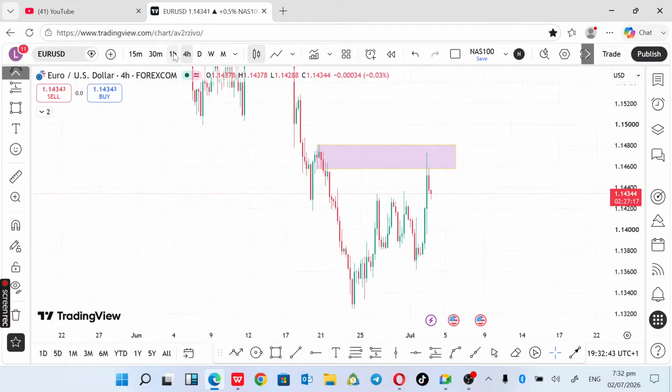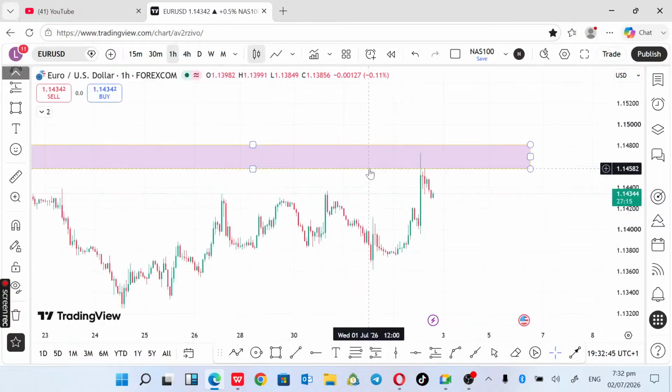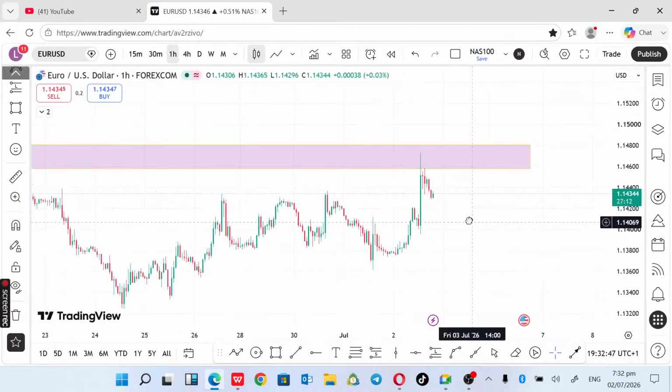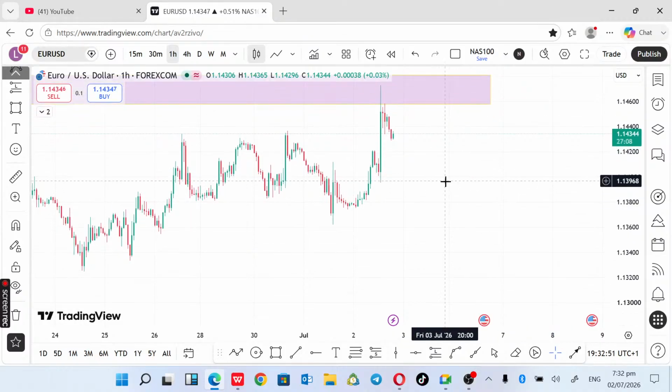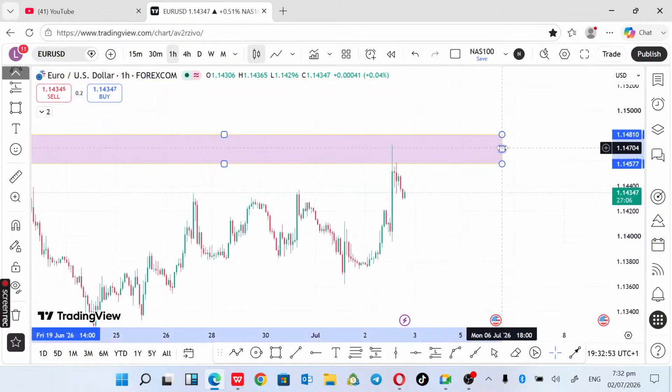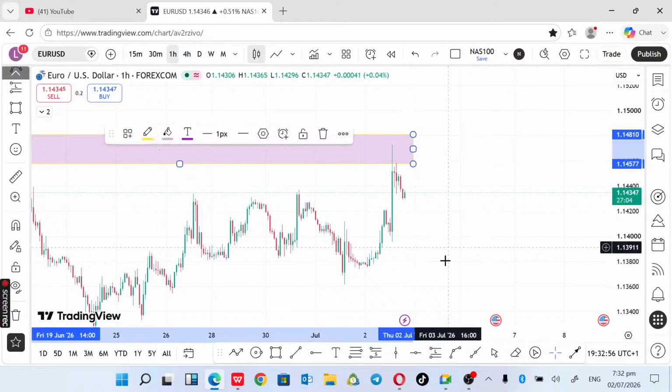So back to 1 hour, we could even go lower than 1 hour. Let's just see. So this is us now on 1 hour. This is what I'll be looking out for on this market. I'll have to be careful with this market, not to take the wrong trade.